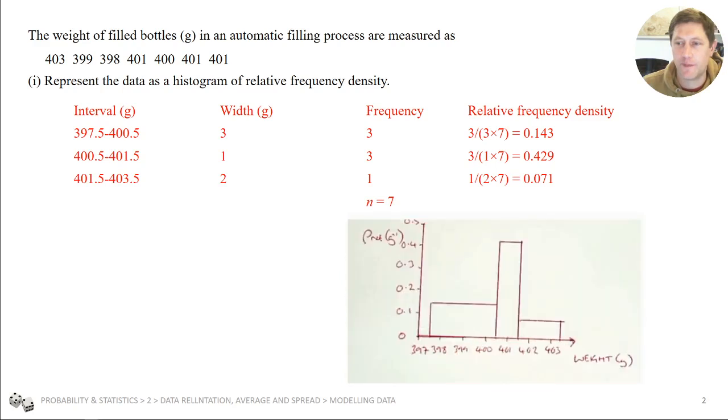And there we go, that's our histogram. Now there's not a lot of data, so it's only very basic, but you can see we have turned 7 data points into the beginnings of a distribution.